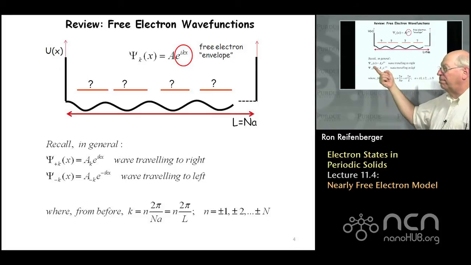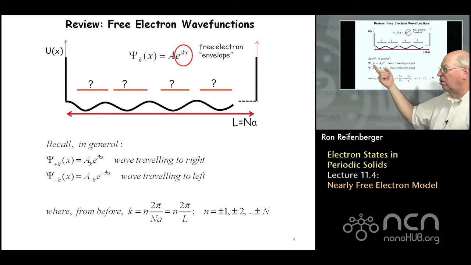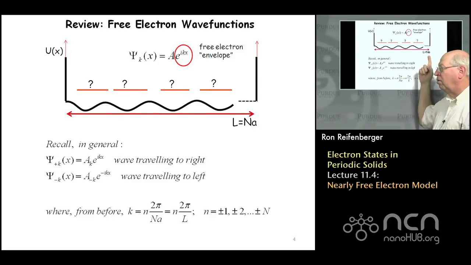We're going to subscript each wave function by its quantum number k. So again, for electron states in metals, the individual quantum numbers are all contained in the wave vector k. If we specify k, that's basically telling us what quantum state we're in. The other thing we have to recall is that from before, k is going to be an integer multiple times 2 pi over L, where L is the length of the crystal.